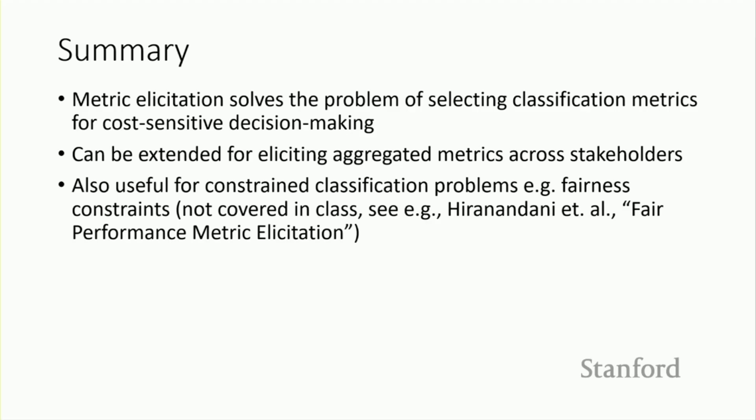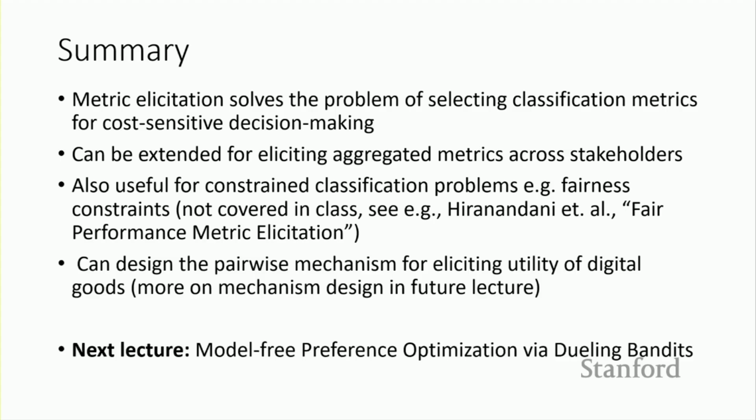We didn't talk about this, but I'll mention you can use this for other kinds of problem settings like algorithmic fairness problems and the like. And we didn't cover the last one at all. So that's most of what I wanted to cover today. I think it's fine that we mostly covered the main thing because the key takeaway, well, one is, just like in general learning problems, we spent a lot of time thinking about utility functions and metrics.